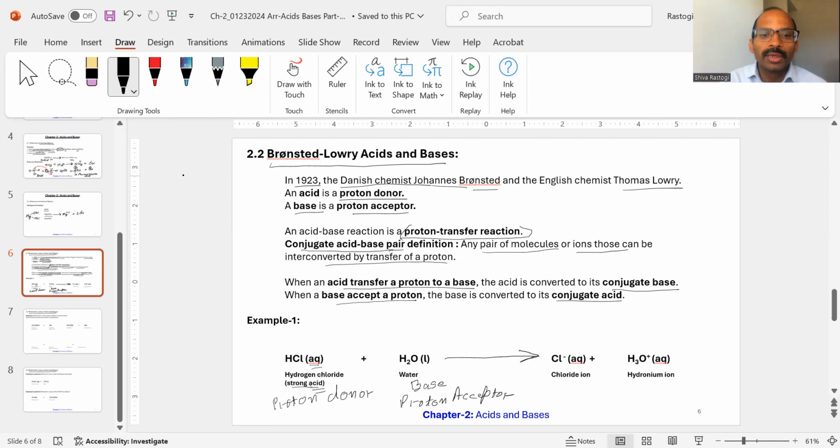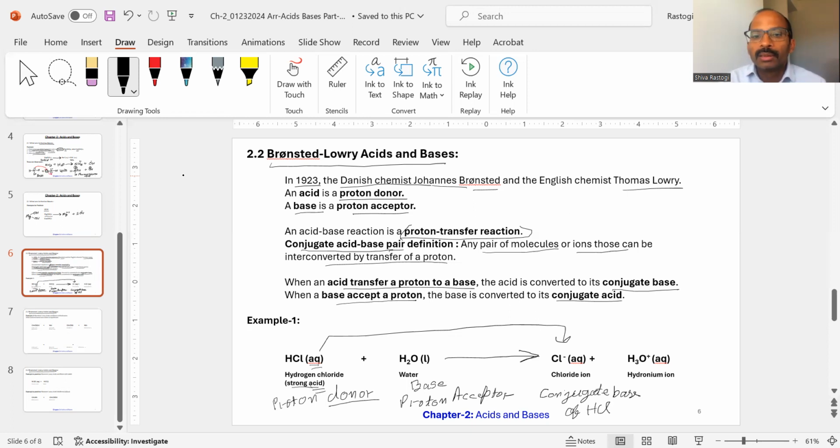Once the acid donates its proton, it becomes the conjugate base of HCl, the acid.